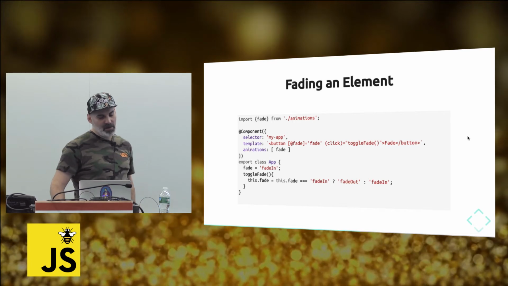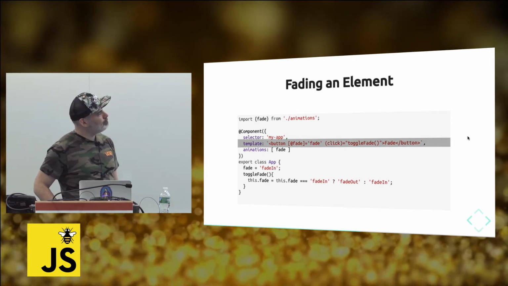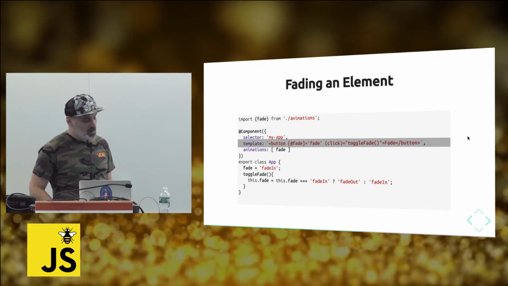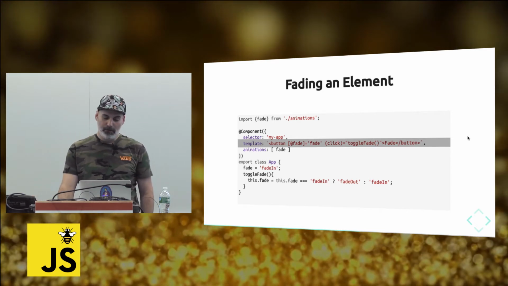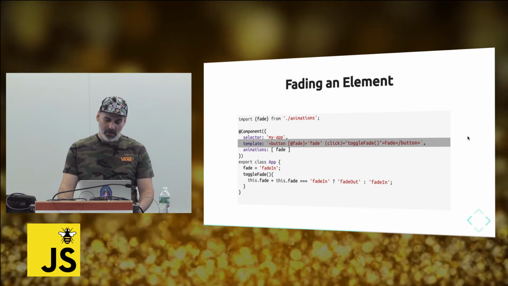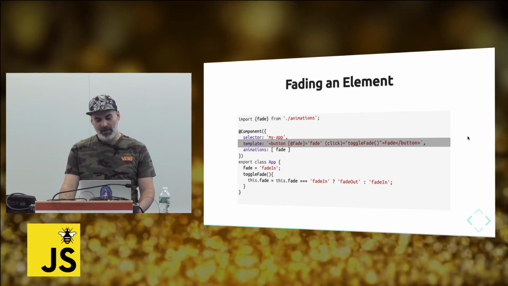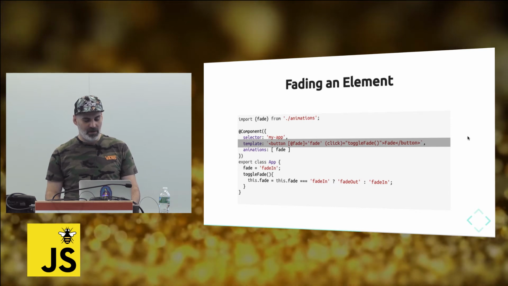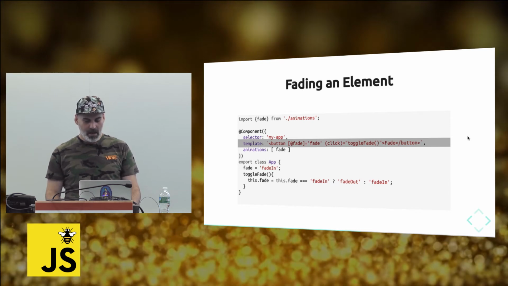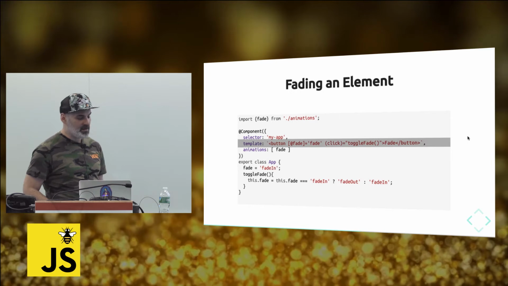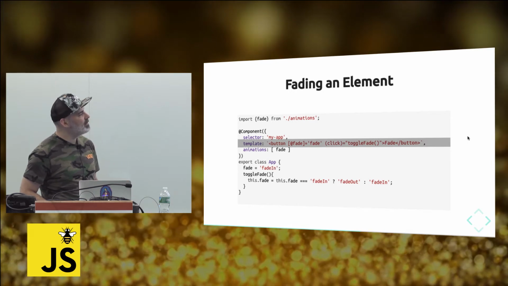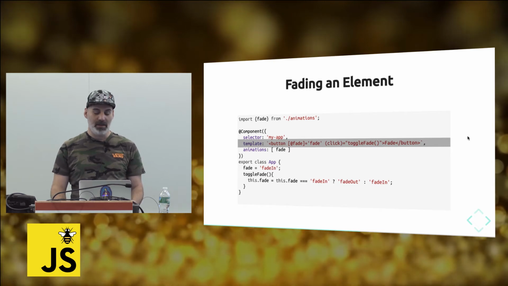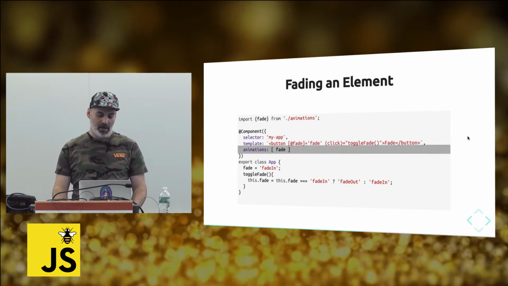The code for this animation will be something like this. We have our component using this add fade that will point to this fade trigger that we are going to define as part of the animations metadata. And this will behave like this. Every time that I click on this button, it's going to toggle the state that this trigger is on.